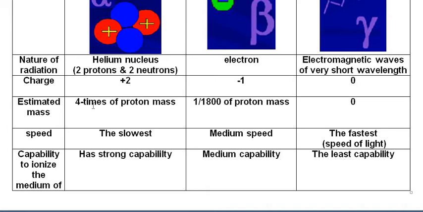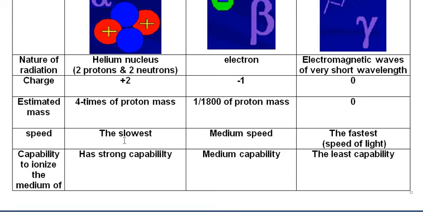The mass of the alpha particle is 4 times that of the proton, because as you know, the mass of the proton is nearly equal to the mass of the neutron, while one beta particle, which is an electron, has a mass of 1 over 1,800 of the proton or the neutron.